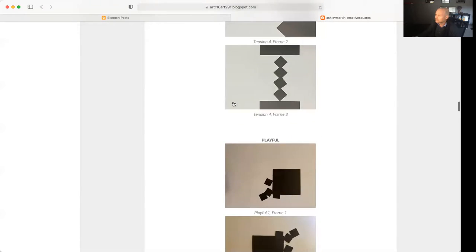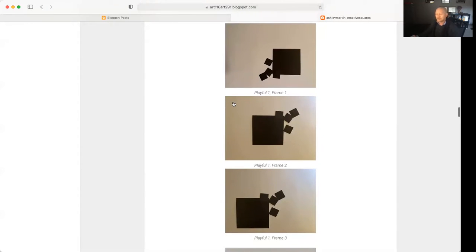Very good. Playful. Now, playful is a peculiar one because you start to think about what is play. What is playful? What does that kind of look like? The word playful. And we sort of think about like what is play? Is play an organized thing or is play an unorganized thing?